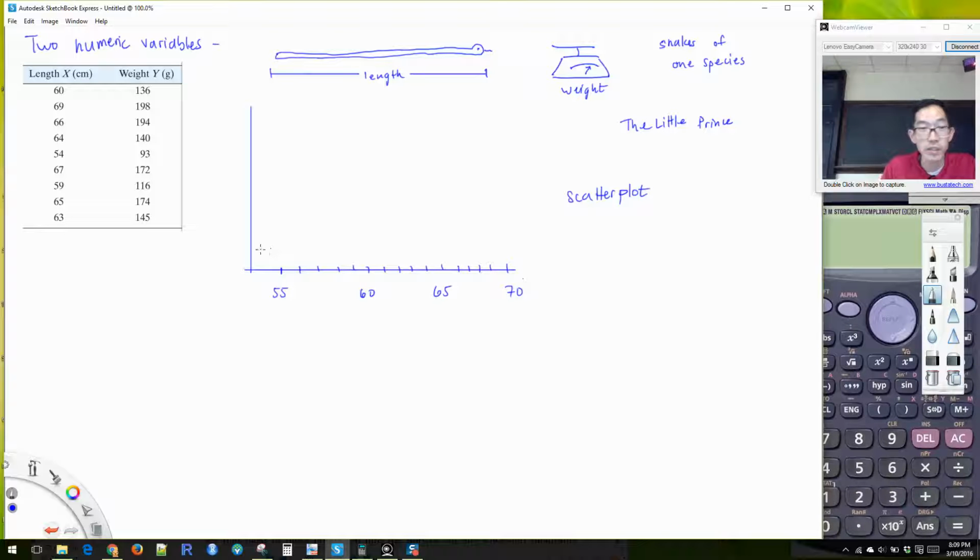And as far as the weight goes, we'll start off at 90, 100, 10, 20, 30. Okay, and then I'm just going to graph these. So we're going to say this one, 60 and 136.